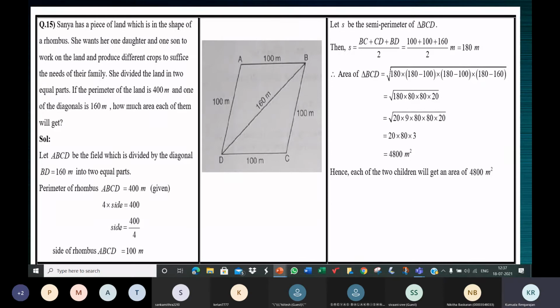Now find AC, children. My question is different. From the figure ABCD, find AC.